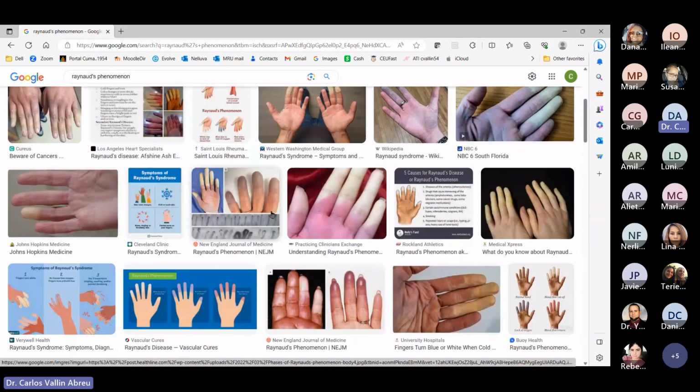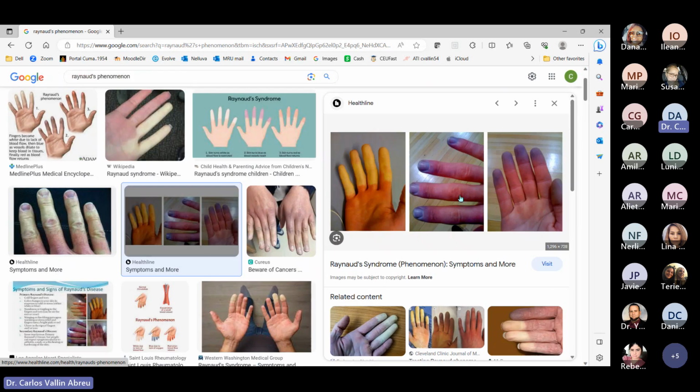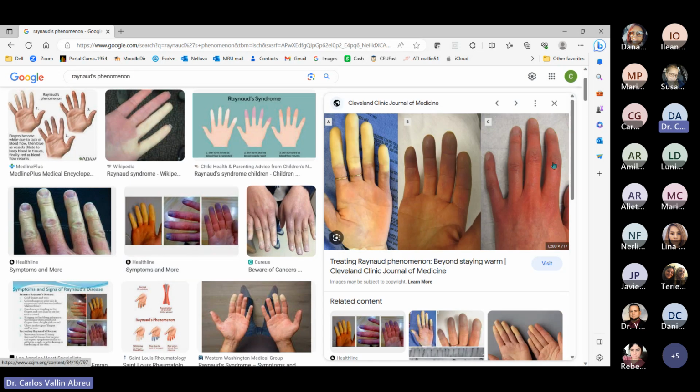So there is a sequence of normal hand exposition to the cold or to stress, then paleness, then cyanosis, and then the fingers return to pink again. And it can repeat many times per day or all the life.